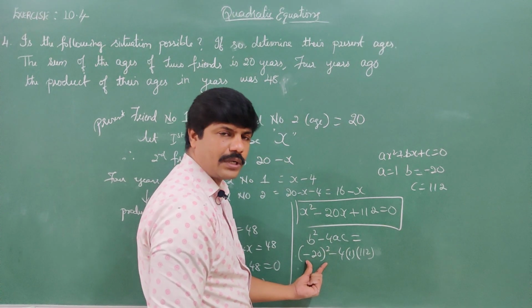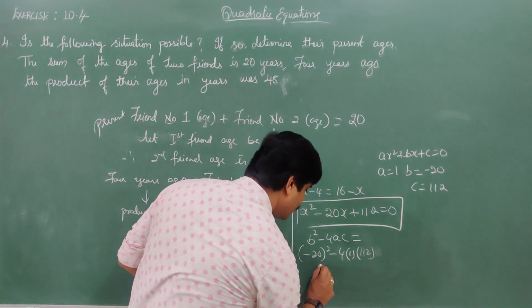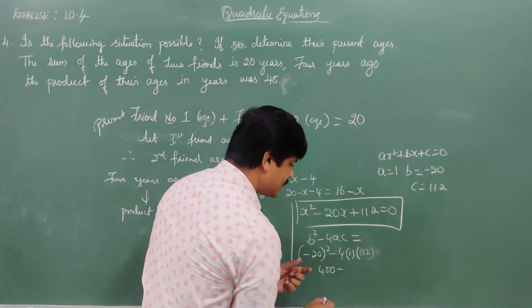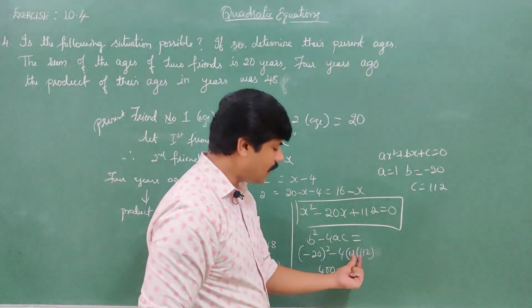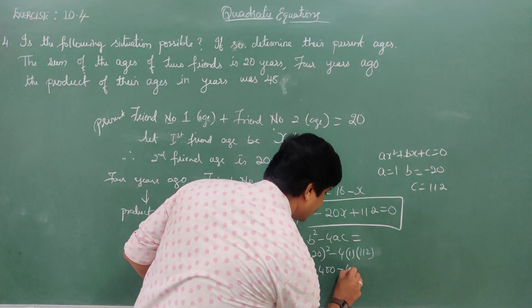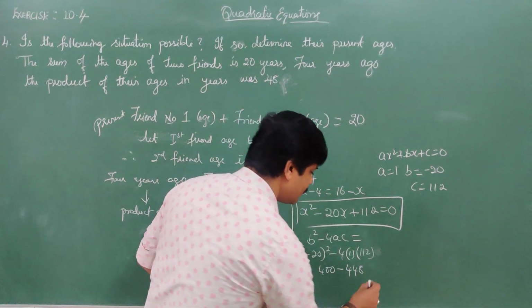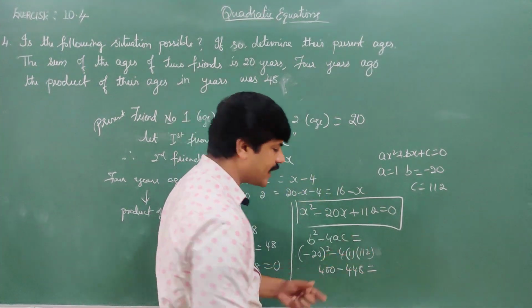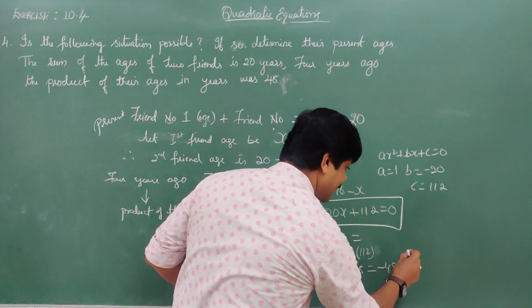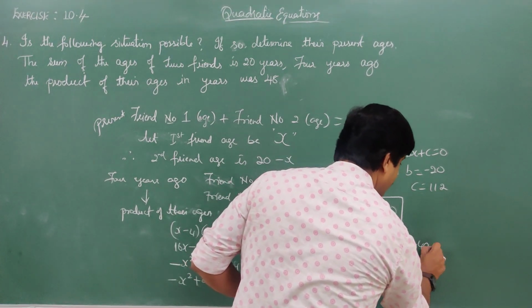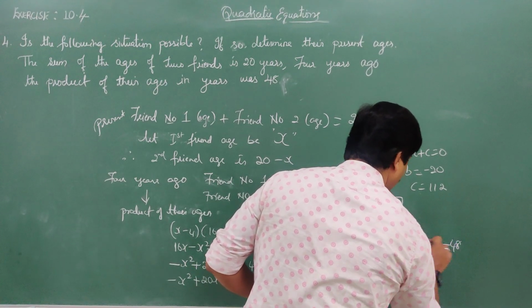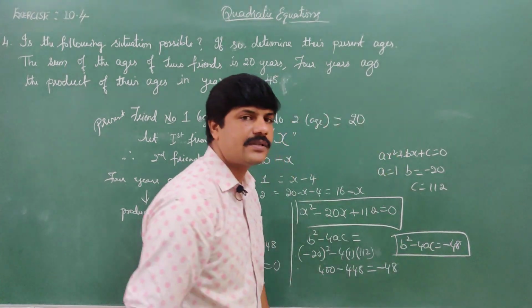So minus 20 whole square is 400 minus 4 into 112, 448. 400 minus 448 is minus 48. That is, b square minus 4ac is equal to minus 48, you have got. Minus 48.